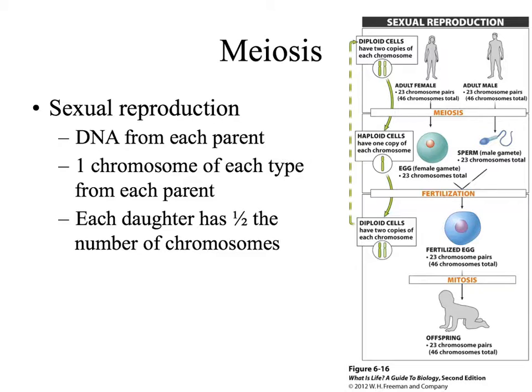That zygote will go through mitosis so that growth can occur, and then we eventually get an embryo and then a baby. So during sexual reproduction, we get contributions of DNA from each parent, mother and father. So each parent contributes 1 chromosome of each type to their offspring. That means that each daughter cell produced during meiosis needs to have half the amount of chromosomes in a parent cell.